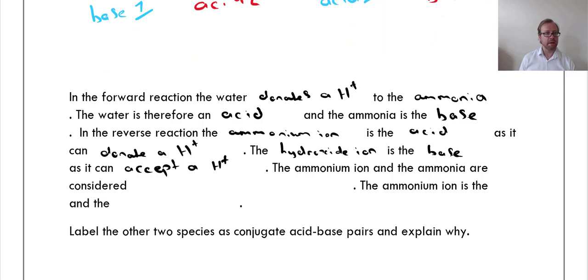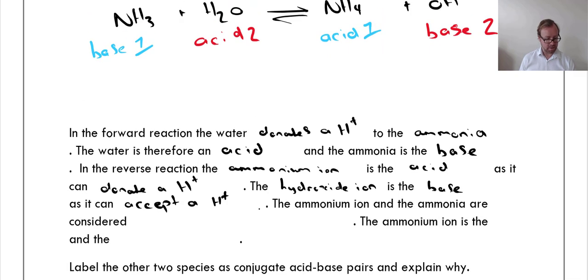So the ammonium ion and the ammonia are considered a conjugate acid base pair.